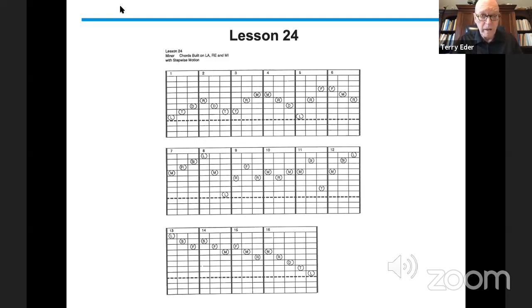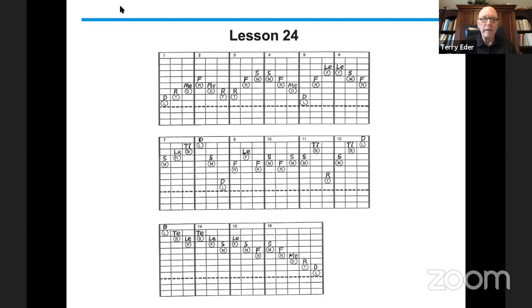La, mi, la. Re, fa, re. Mi, re, mi. Mi, si, ti. Mi, si, la. La, so, fa. So, fa, mi. Fa, mi, re. Mi, re, do, ti, la.